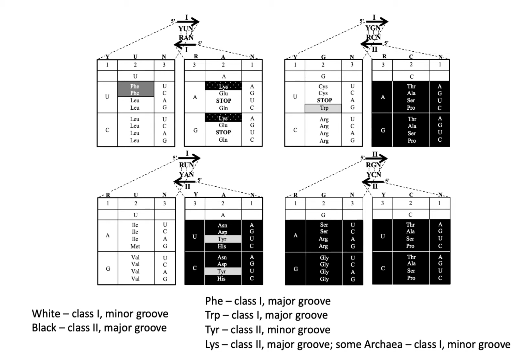So you have one strand going in this direction, YUN again, and in the opposite direction it would be NAR, but then when you look at the codon it would be this way, so you get a fairly clear picture of what's going on in, for instance, leucine and isoleucine, etc. It's a little more muddy when you get to this other side because each one has a different amino acid for that code. But if you look at the genetic code, it makes perfect sense how these are arranged.